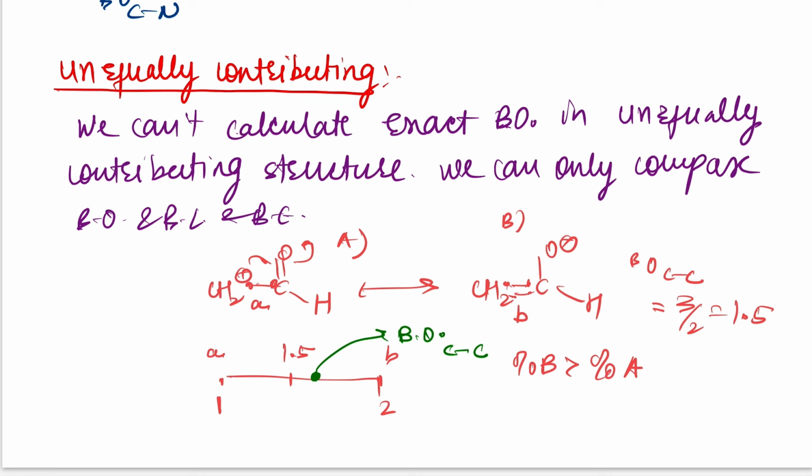It could be on this side or on this side, so we have to decide which way it is inclining. When A is stable, it will incline to the left-hand side. When B is stable, it will incline to the right-hand side. We know B is stable, so it will incline to the right-hand side, somewhere between 1.5 and 2. It will be closer to 1.5, but we can only compare the values. That's how you have to identify.